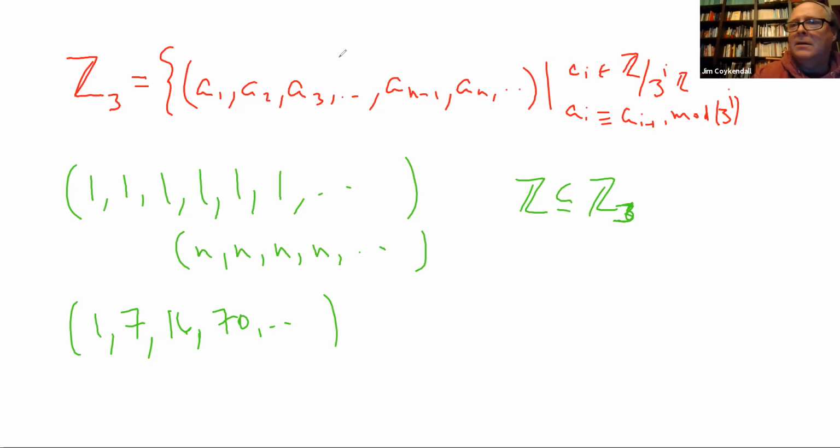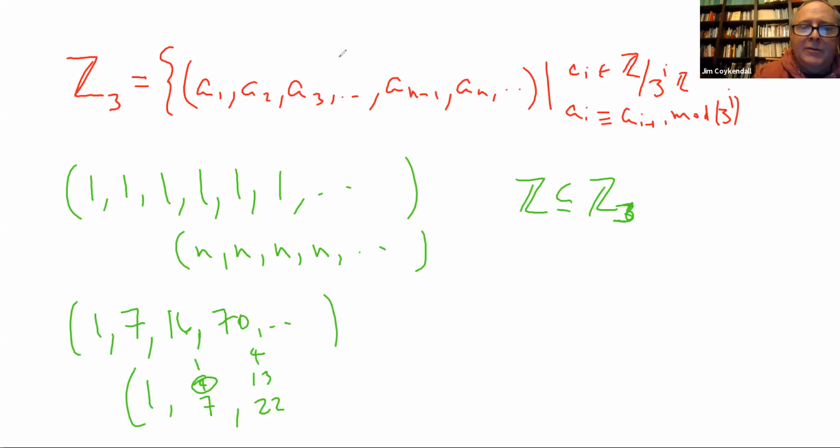And in fact, if you start here at 1, you can go 1, 4, 7, right? That is, you can add 0, 3, or 6, right? And if you have 4 here, you can go 4, 13, or 22, right?